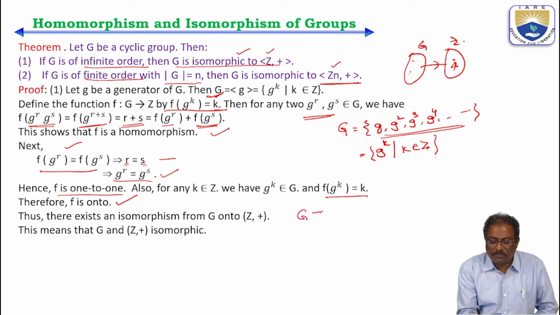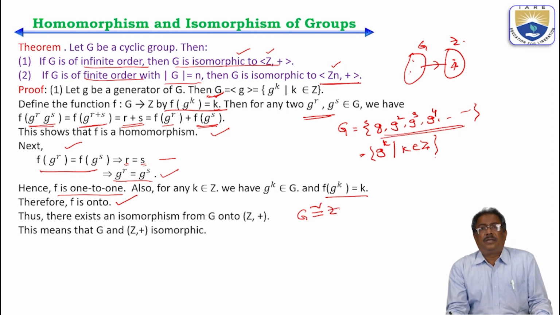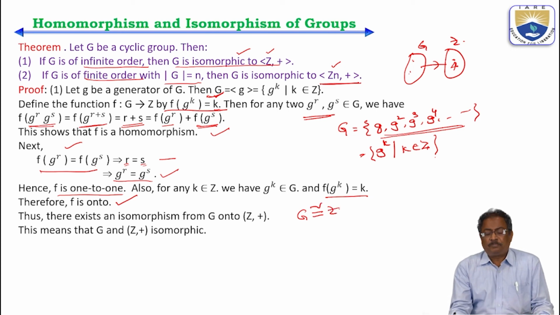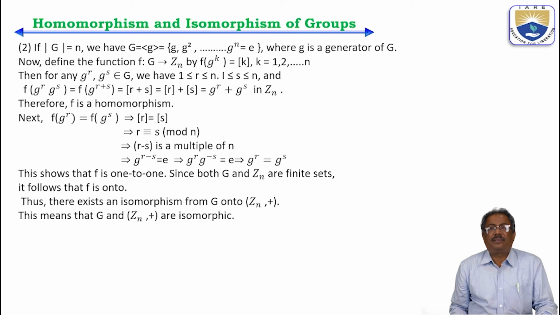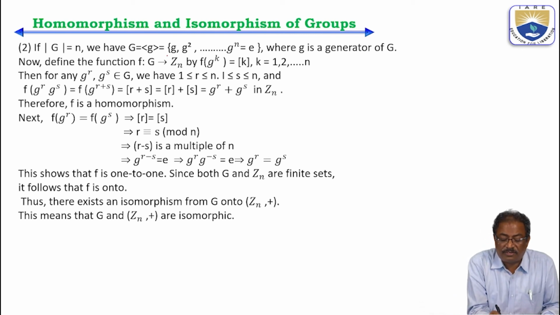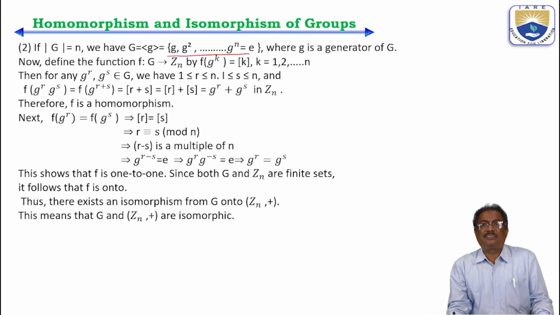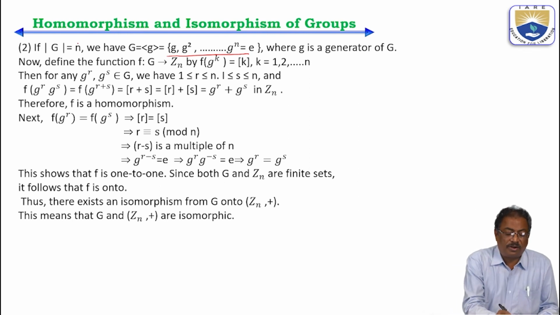And we are going to represent this like this. Now the second one: if G is of finite order, let us say G is a finite cyclic group of order n.